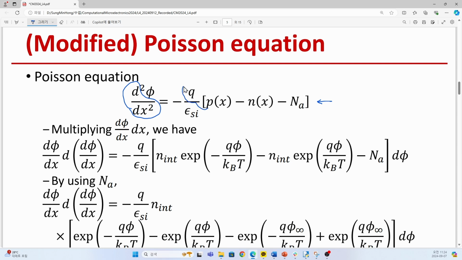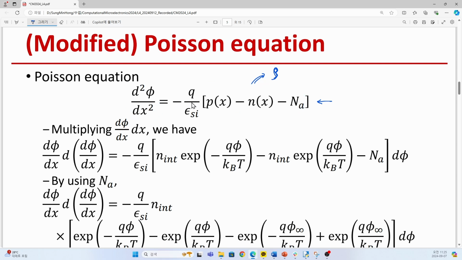For example, here this is corresponding to the net charge density, and with a certain permittivity function, and here negative sign, we can have the Poisson equation.